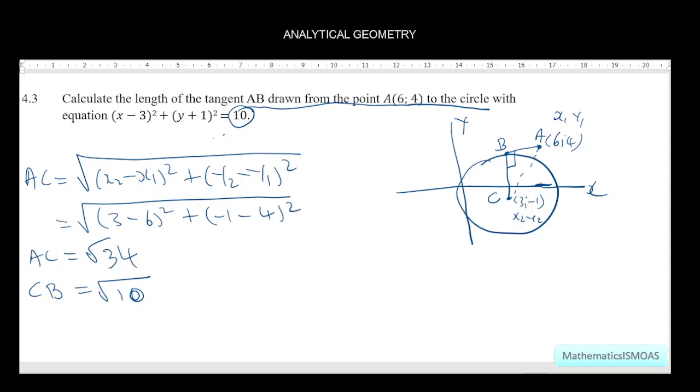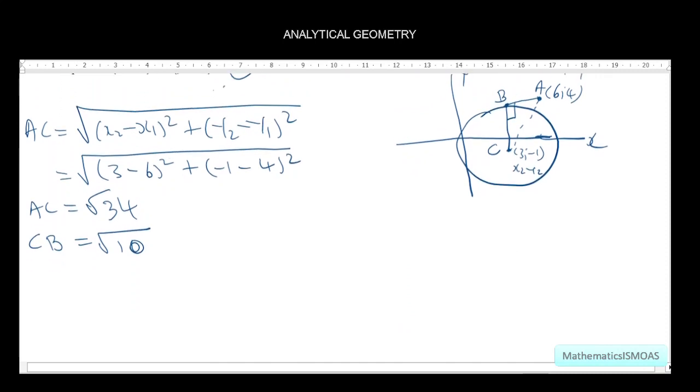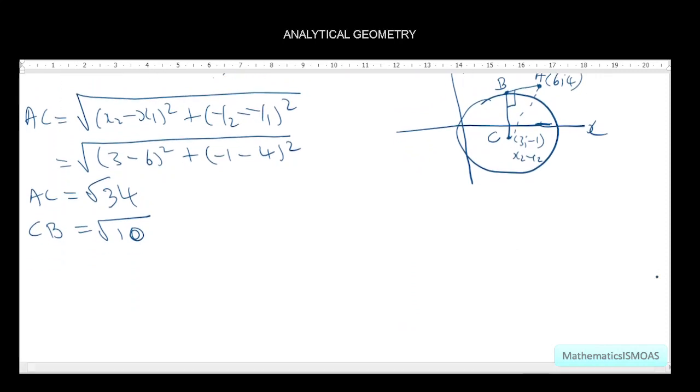And then, since triangle ABC is a right-angled triangle, we can use the theorem of Pythagoras by saying the hypotenuse squared. Our hypotenuse is AC. AC² = BC² + AB².